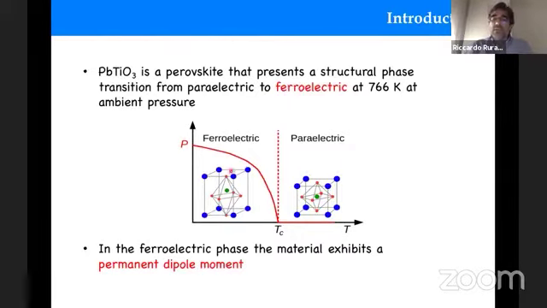What is important is that titanium, lead and oxygen have different nominal charges, because all these bonds are polar. When you have this distortion, your system is ferroelectric in the sense that it has a permanent dipole moment, while above the critical temperature this is no longer true and the system is paraelectric.